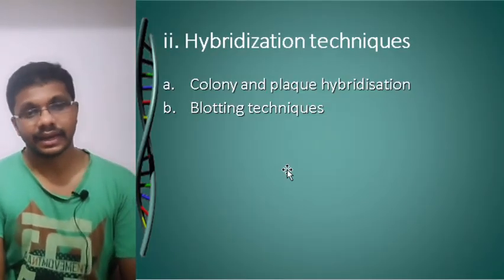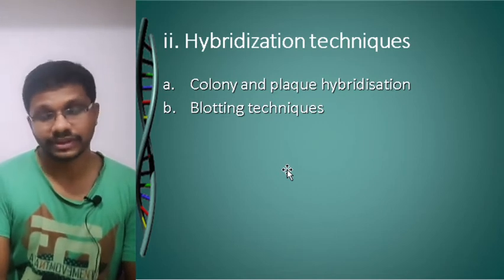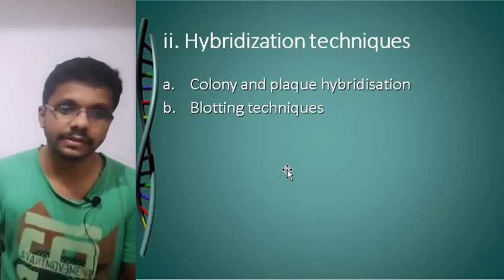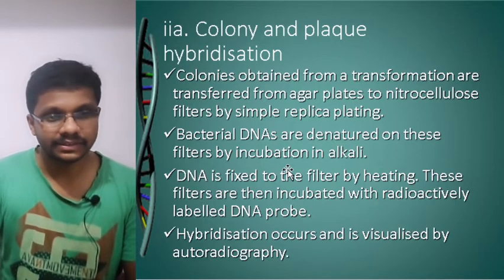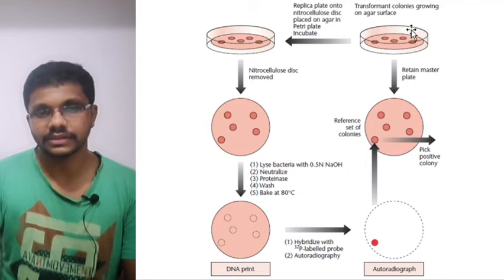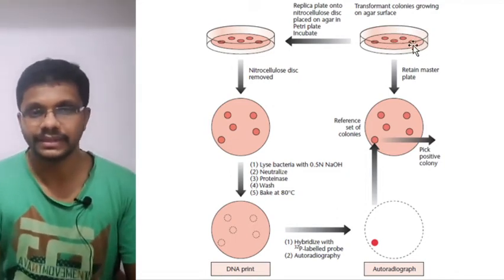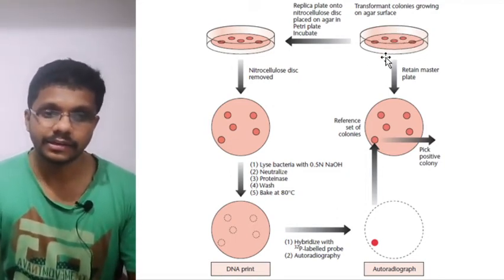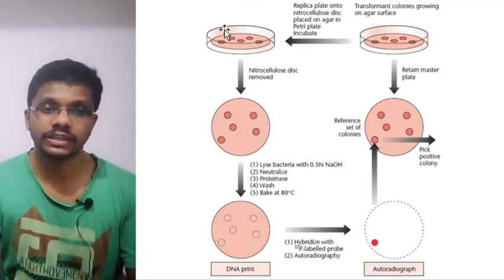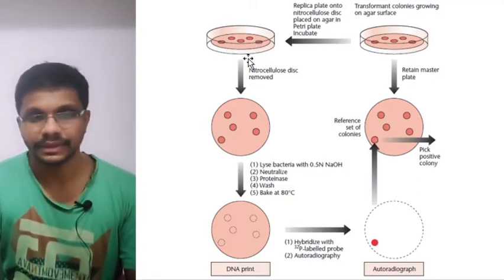Next is hybridization techniques. There are two different classes of hybridization: colony and plaque hybridization, and blotting techniques. In the colony and plaque hybridization, after gene transfer, we plate the cells, and one plate is kept as a master plate, and another goes for replica plating.